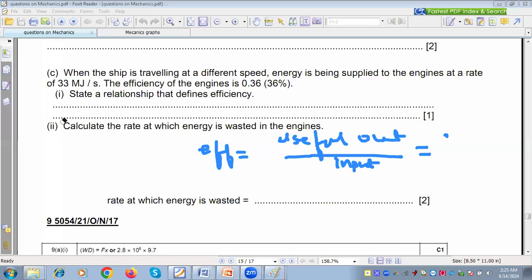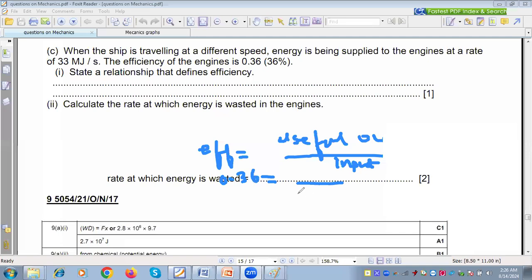So 0.36 is equal to useful output over the energy which is provided, which is 33 megajoule. So 33 is the input.